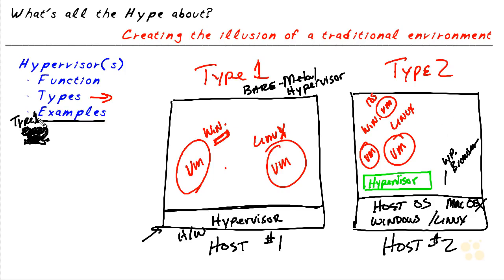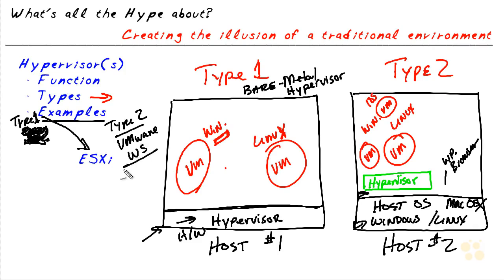Now, regarding an example of a type 1 hypervisor that runs directly on the hardware, a great example of that would be VMware's ESXi. And an example of a type 2 hypervisor where we have a host operating system in place like Windows or Linux or Mac OS, and then we run the hypervisor as an application, examples of that would include VMware Workstation.